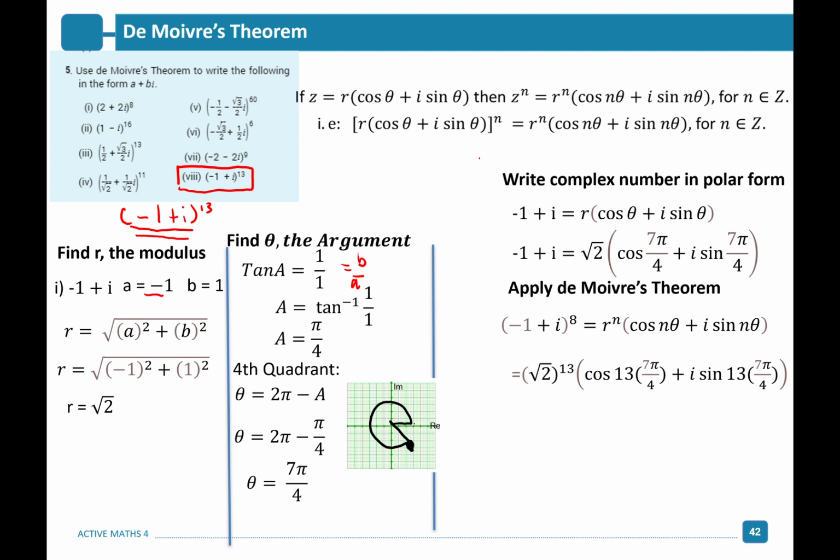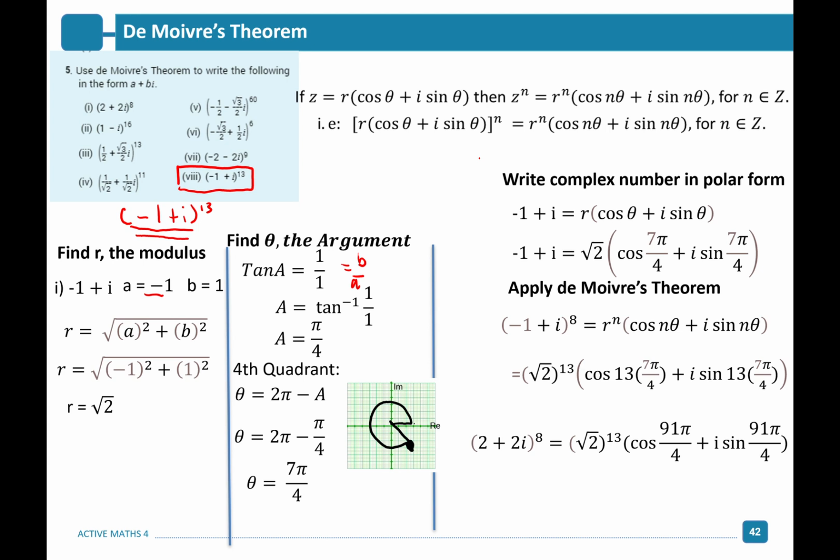Substituting our values into de Moivre's theorem, we get root 2 to the power of 13 times cos of 13 times 7 pi over 4 plus i sine 13 times 7 pi over 4. And simplifying this, we get root 2 to the power of 13 times cos of 91 pi over 4 plus i sine 91 pi over 4.